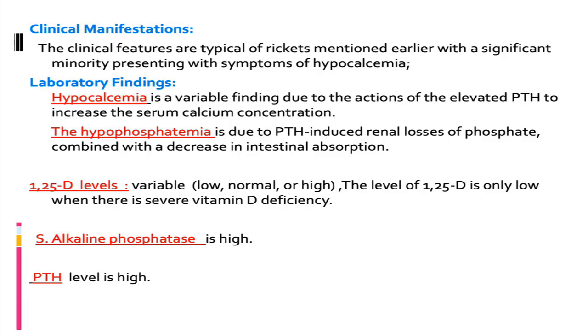In a patient with hypoparathyroidism the phosphate is high, while in rickets the phosphate is low. The calcium is low in a patient with hypoparathyroidism, but it is variable in a patient with rickets, especially nutritional rickets as we mentioned here. So this is the laboratory differentiation between a patient presenting with hypocalcemia due to hypoparathyroidism and one presenting with hypocalcemia and signs of rickets due to nutritional rickets.